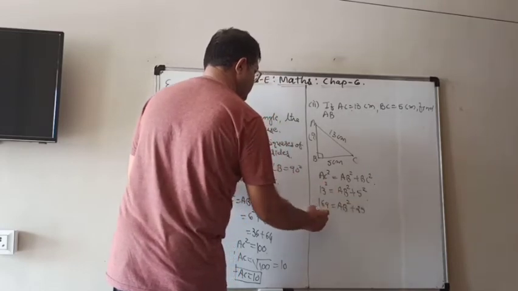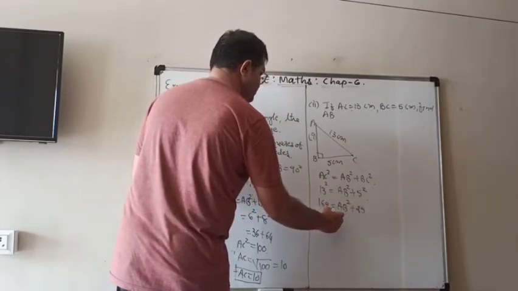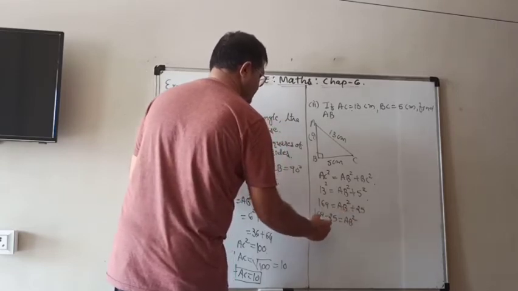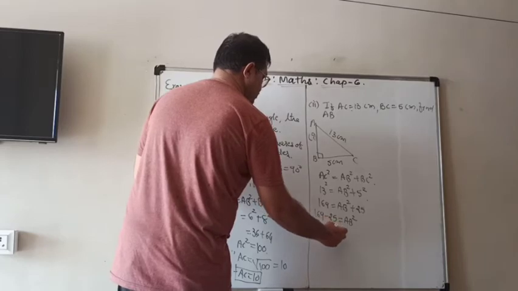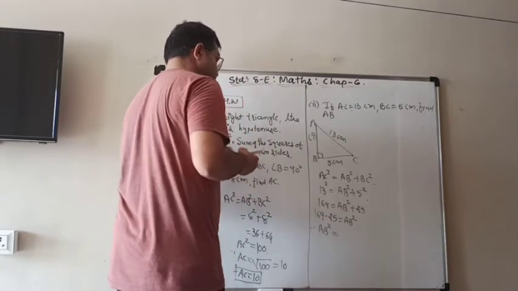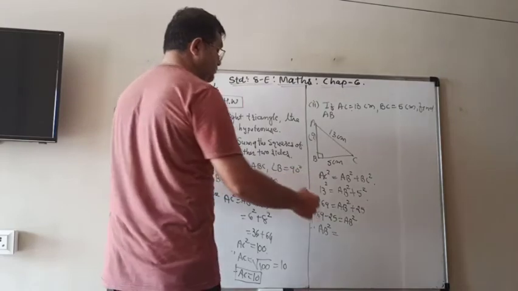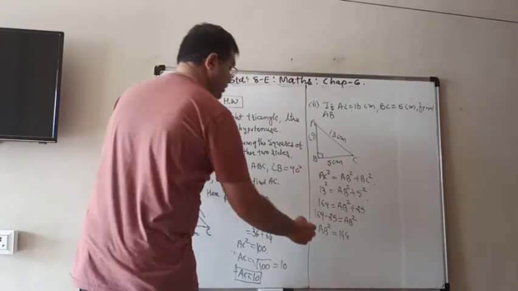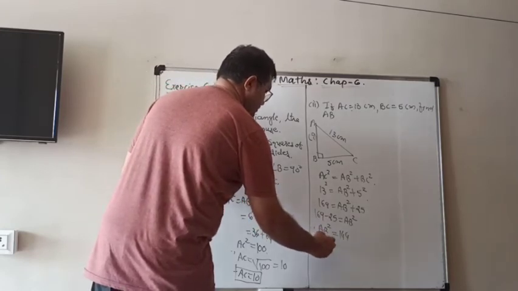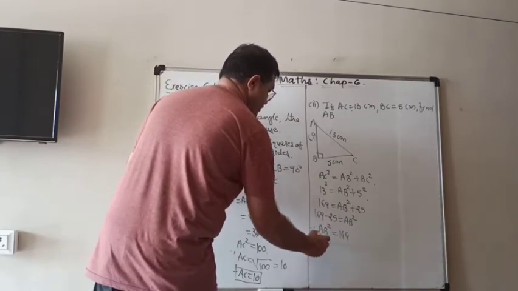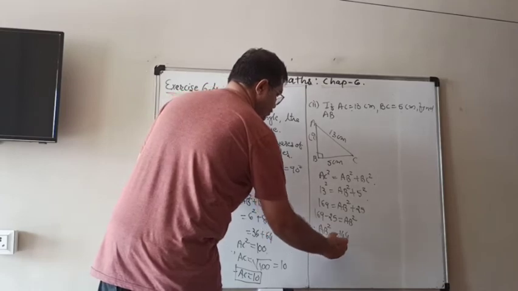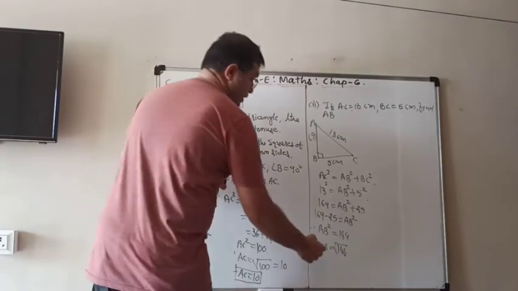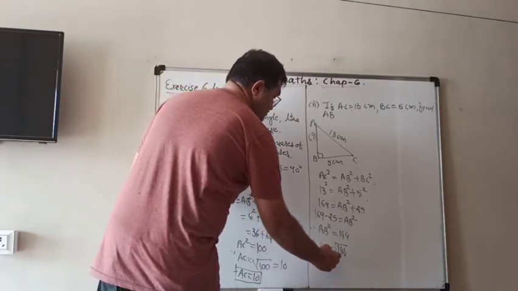If you bring 25 this side, so 169 minus 25 is equal to AB square. It means that you get AB square is equal to, now 169 minus 25, 9 minus 5 is 4, 6 minus 2 is 4, 144. And therefore AB is equal to square root of 144, and we know that 144 is the square of 12, so AB is equal to 12.